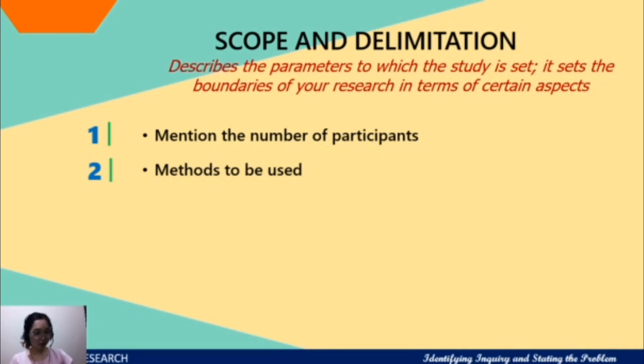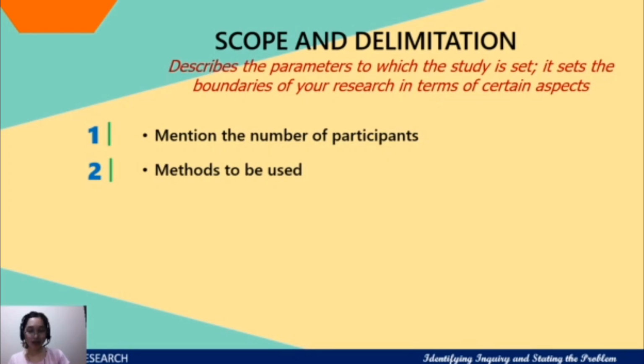And delimitation, you're going to state kung sino ba yung included and not included in your study, and why did you exclude some factors and why did you include some factors. This section of your study outlines the limits of the process in which your study will be conducted. Here, you will discuss the variables that you will examine and the method that you are going to use.